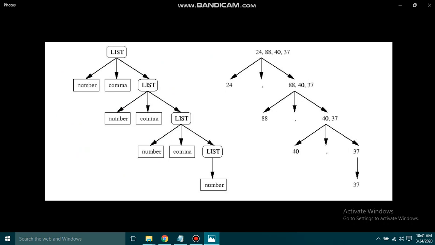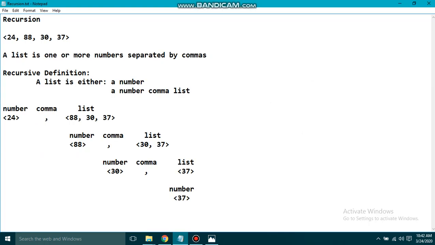So for any kind of recursion that you formulate, you should have a recursive diagram. Basically you have to know how the problem is divided into sub-problems and how it is going to be solved in a recursive way. Okay, let's go back to our definition.